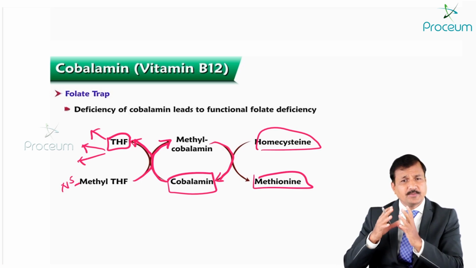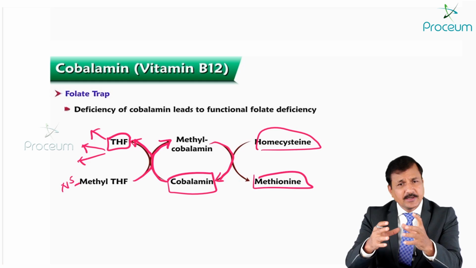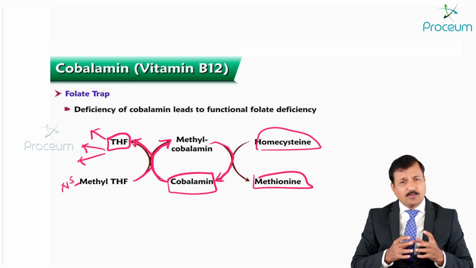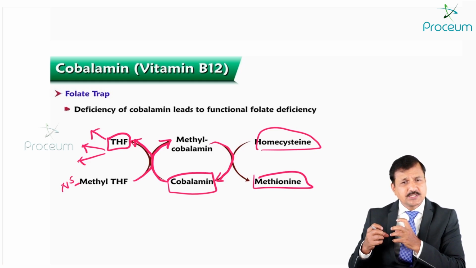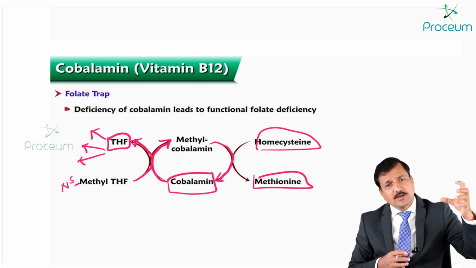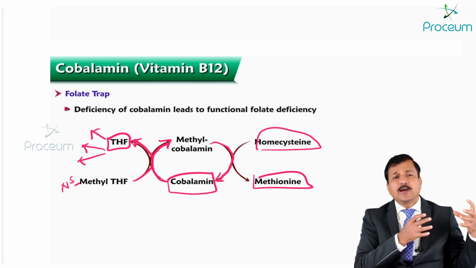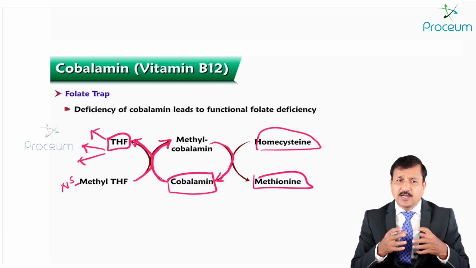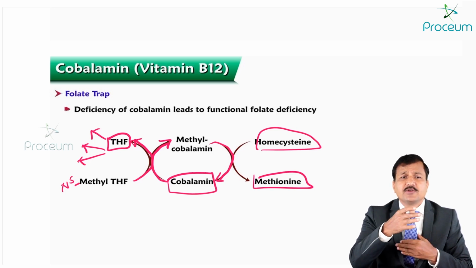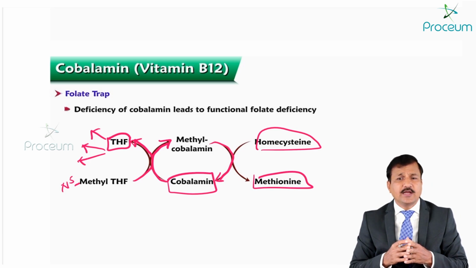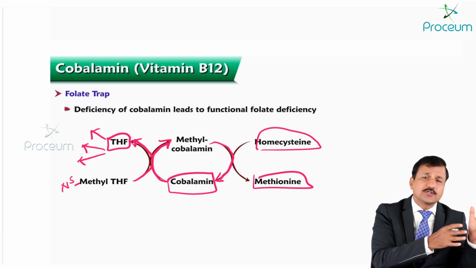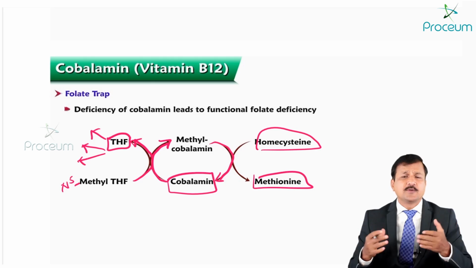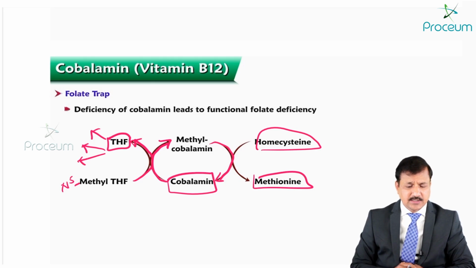So, for homocysteine to methionine, the cell uses methylcobalamin, converting it into cobalamin because only the methyl group is taken, and the cobalamin is converted back into methylcobalamin by taking the methyl group from N5-methyl tetrahydrofolate, which is eventually converted into tetrahydrofolate, and that goes into different forms of tetrahydrofolate molecules.